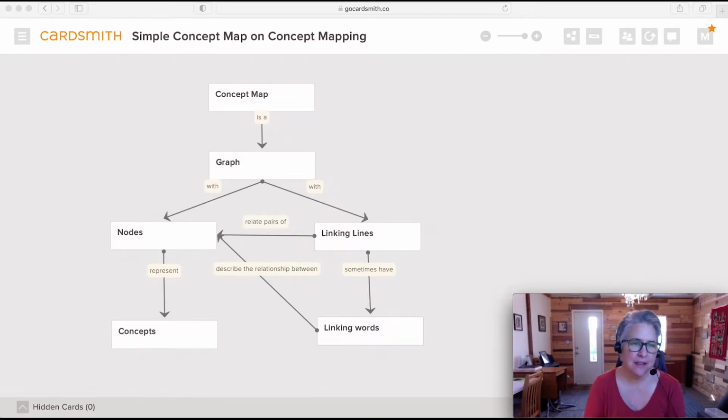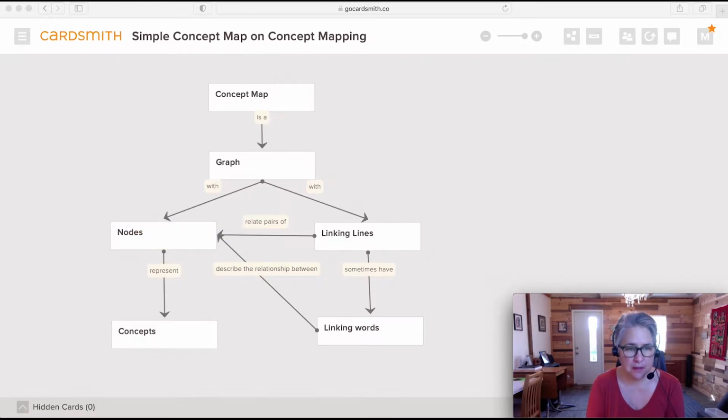We see that a concept map is a graph, and that graph has nodes. It also has linking lines. Those linking lines relate pairs of nodes. Nodes represent concepts. Linking lines sometimes have linking words that describe the relationship between those pairs of nodes.